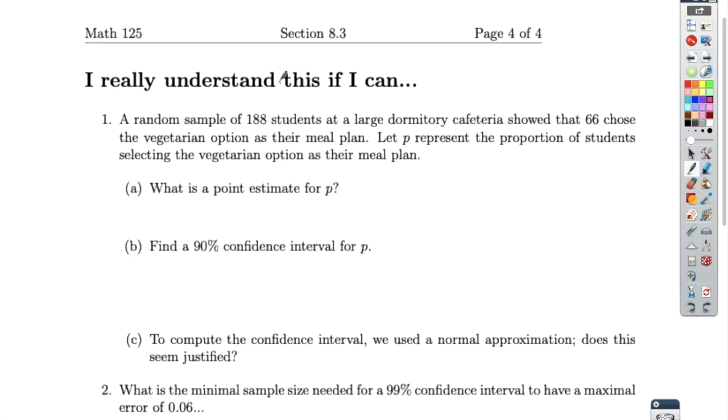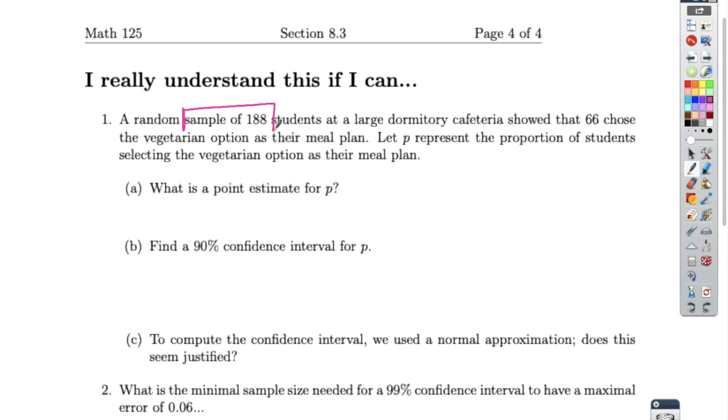Okay, so hopefully you've had a chance to try these, but we'll go through them. A random sample of 188 students at a large dormitory cafeteria showed that 66 of them chose the vegetarian option as their meal plan. Let P represent the proportion of students selecting the vegetarian option as their meal plan. What is a point estimate for P? Okay, so again, this is a sample.